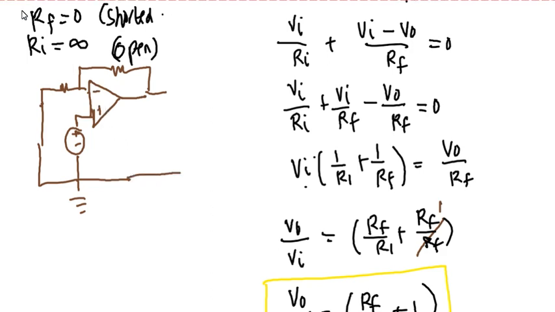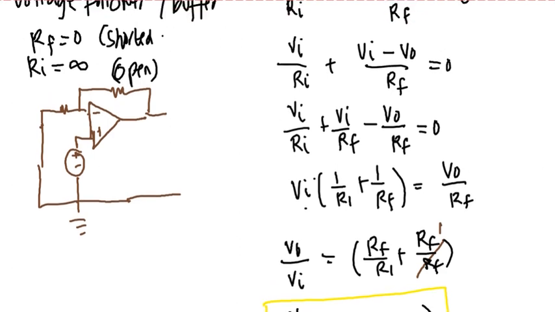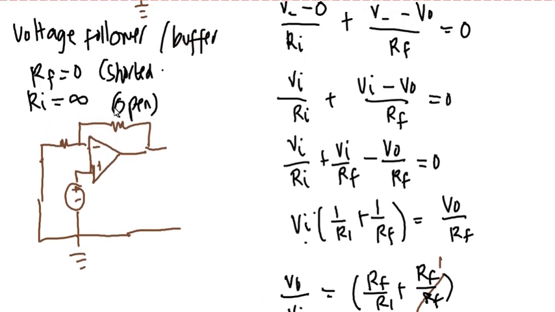This time, if we consider the buffer or voltage follower, our RF will be 0, so we short it. So it is shorted, and this is how it looks.